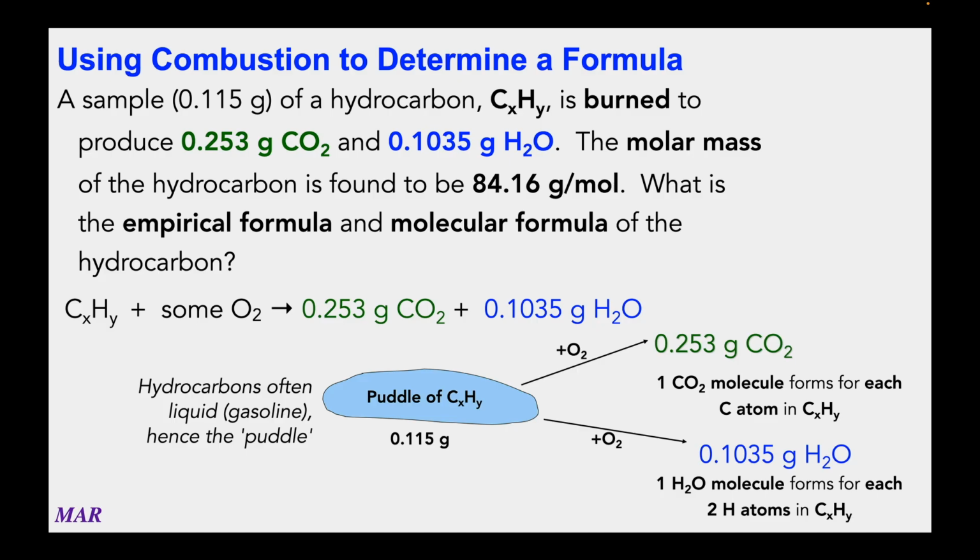For water, since the formula is H2O, there are 2 hydrogens for every water created. So when we find the moles of hydrogen, we're going to have to multiply the water by 2 because water has 2 hydrogens, and I'll show you what this means in a little bit. So for CO2 and carbon, it's 1-to-1, but for water and hydrogen, there are 2 hydrogens per water.